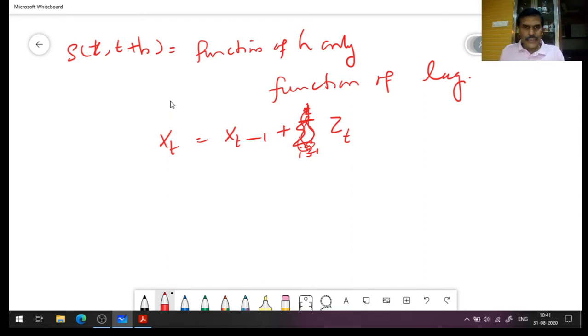See this representation: xt is equal to xt minus 1 plus zt. So this is actually a random walk process.